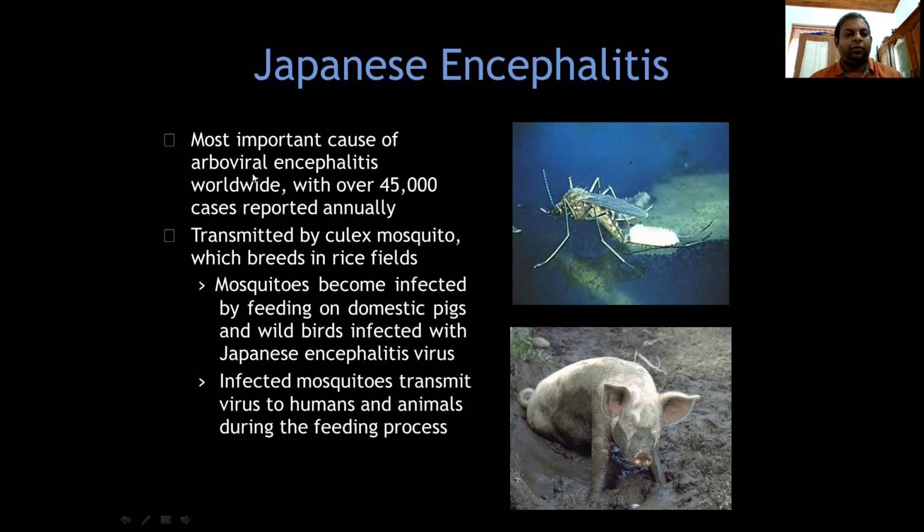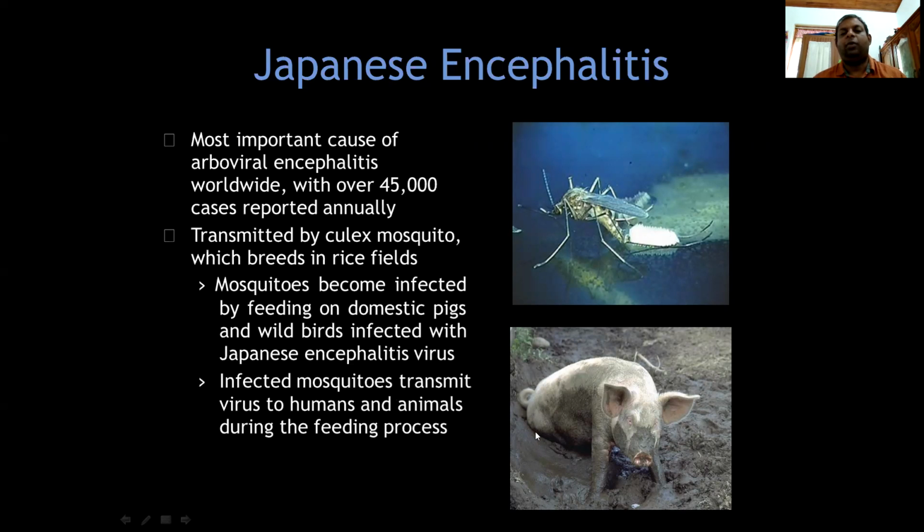Most important cause of viral encephalitis. It's associated with swine, and it's a vector-borne disease. Culex pseudovishnui is the vector, and swine are the amplifying host.